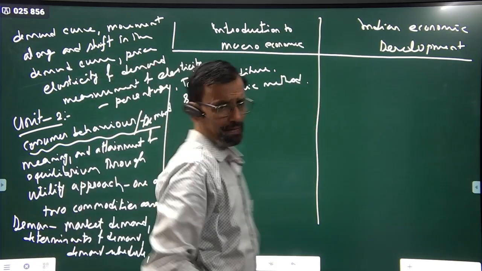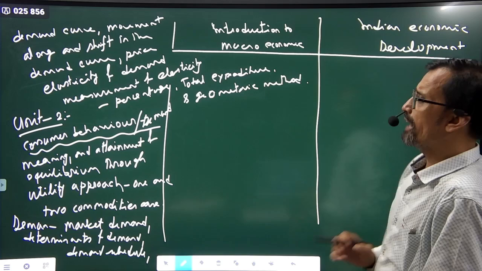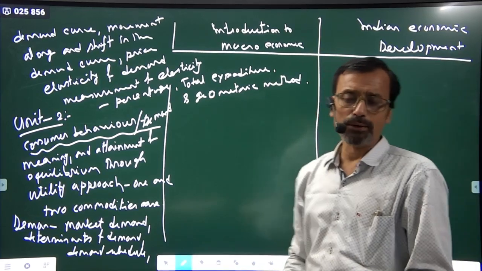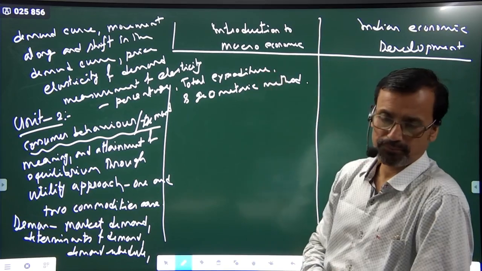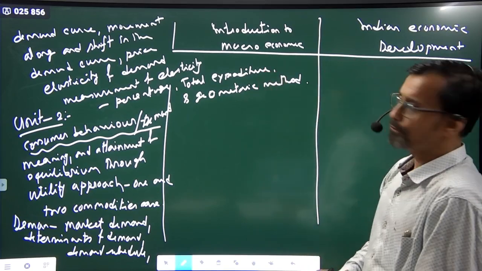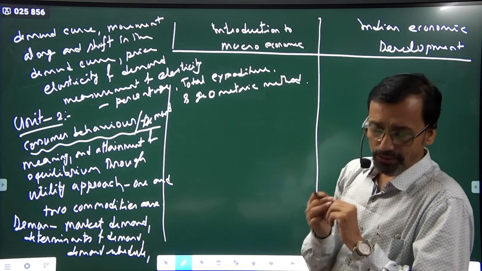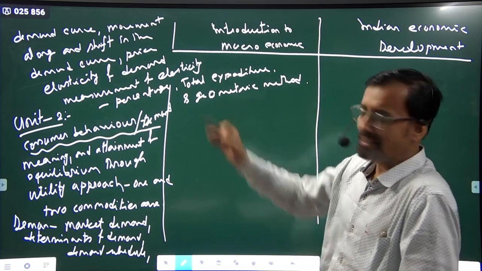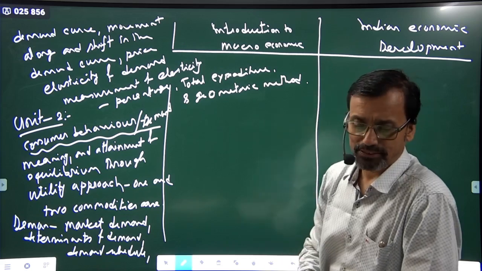So what we understand from class 11 is that there are 2 units required here for CUET preparation. Unit 1 talks about the introduction of microeconomics, where we study what microeconomics is, and the central problem of economics.